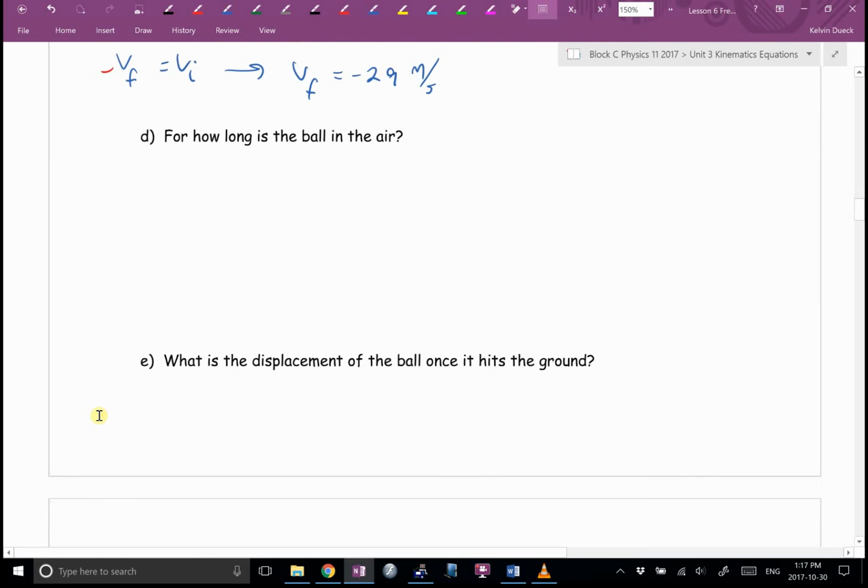Let's answer E, then we'll go do D. What's the displacement of the ball once it hits the ground? The distance it's traveled would be twice the height, but its vertical displacement, 0.